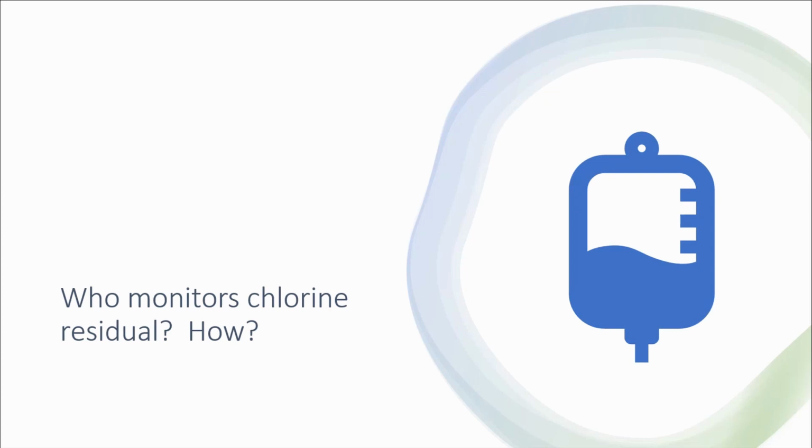So the book definition: free chlorine is the amount of chlorine that is able to sanitize contaminants, while combined chlorine refers to chlorine that has combined directly with contaminants. Total chlorine is the sum of both.